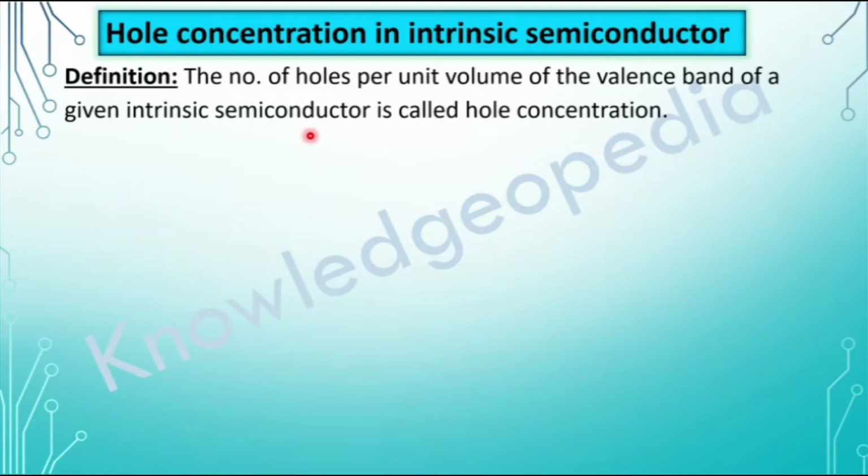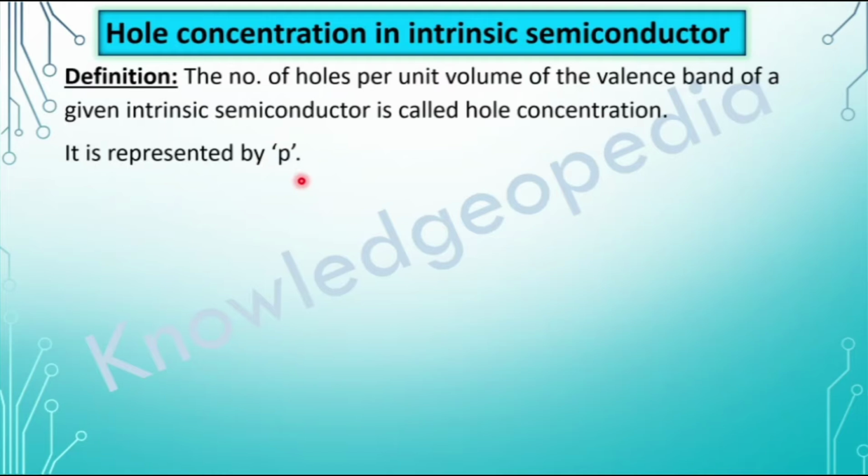So we get free electrons in the conduction band and holes in the valence band. That is the hole concentration in the valence band. It is represented by the letter P because holes are positively charged particles.